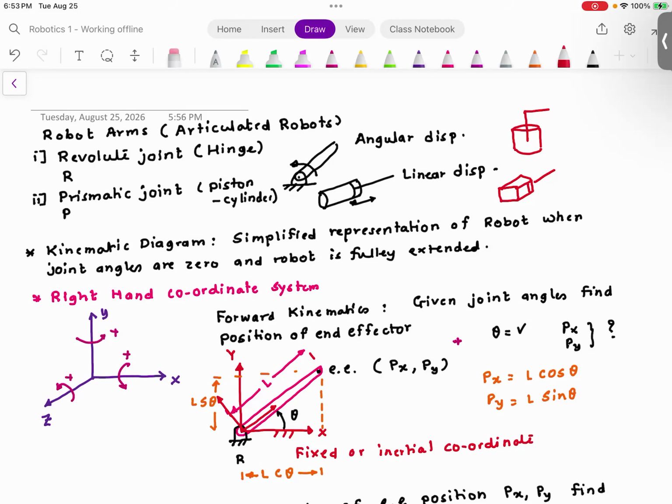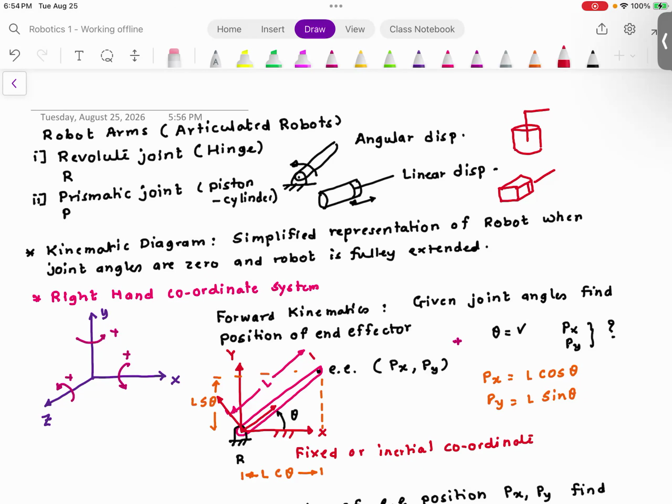We will always use the right-hand coordinate system, which means curl your fingers, your thumb is X, first finger is Y, second finger is Z. Always use the right-hand coordinate system because you are going to have coordinate systems in three dimensions. And you will notice that when you have a three-dimensional coordinate system, identifying X, Y, and Z is extremely important.